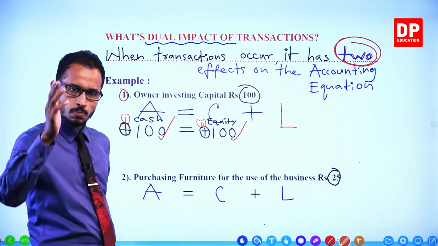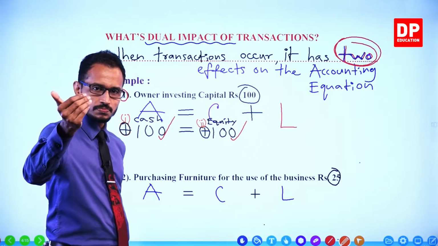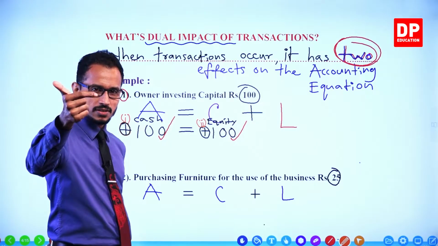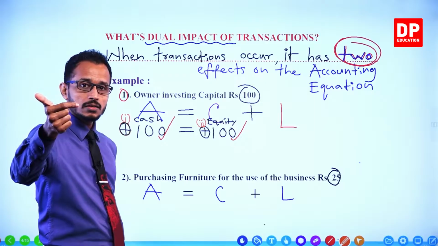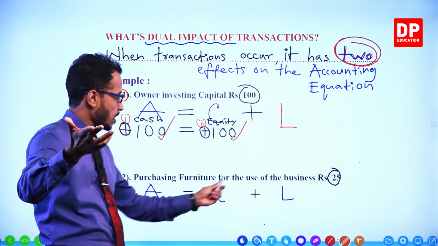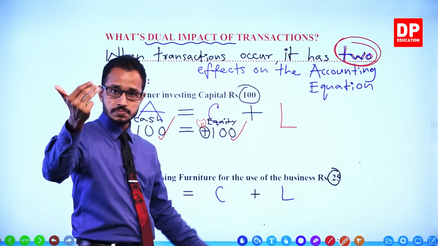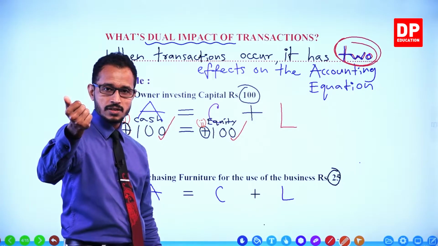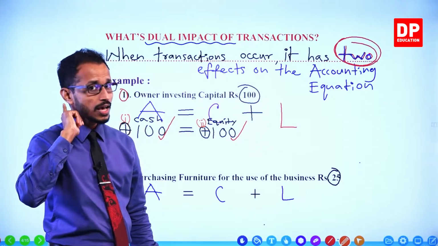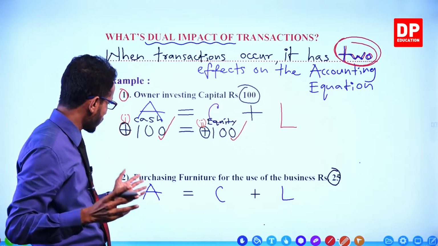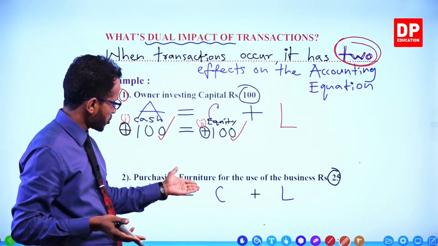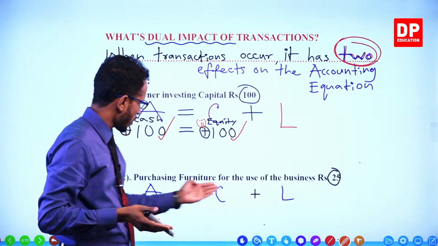I want this from you. Somebody. You, Puta, yes. Can you tell me the dual impact of this transaction? Yes? Assets increase? Yeah, which asset increases? Purchasing of furniture for the use of the business.